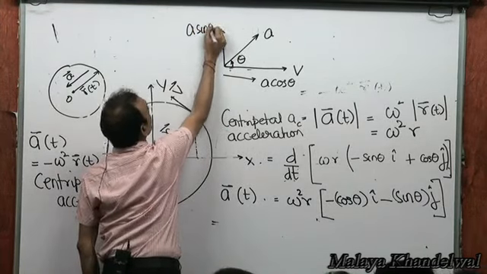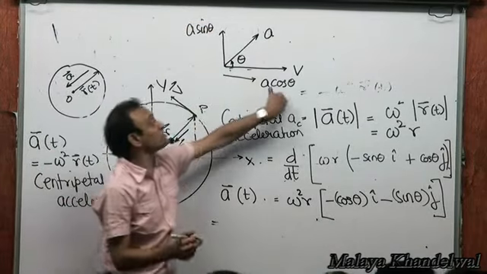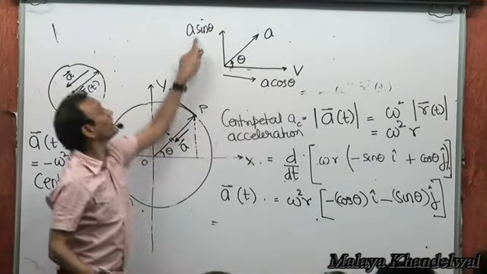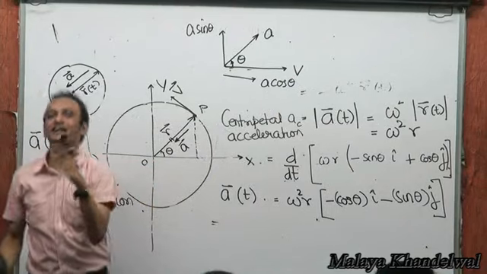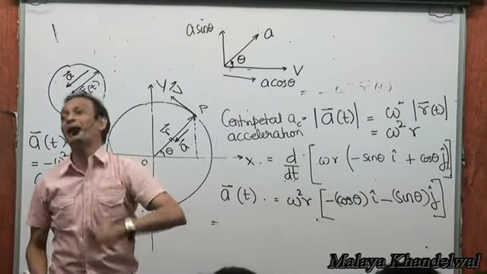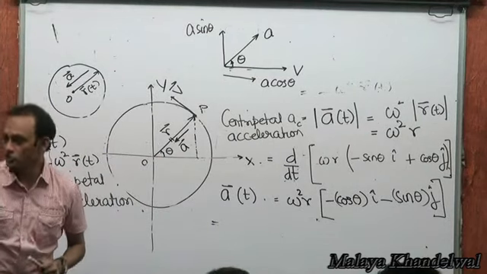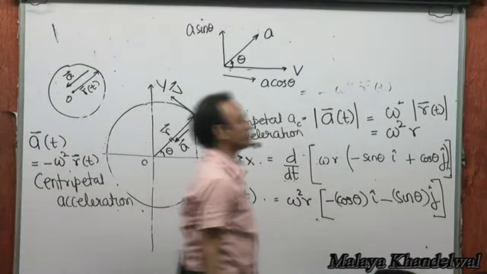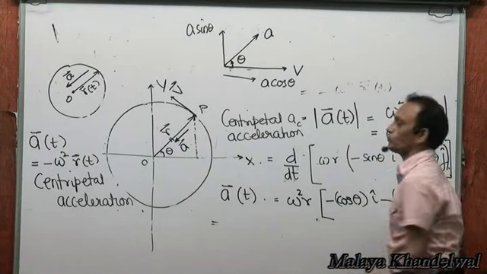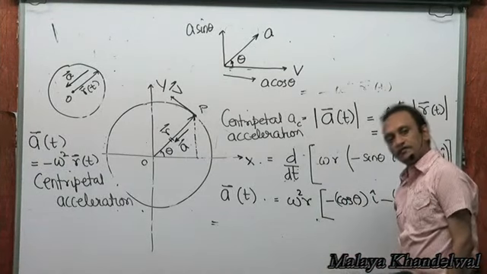Yes or no? So a cos theta will change the magnitude of v, whereas a sin theta will change the direction of v. So in this case, both the magnitude and direction of the velocity will change. Yes or no? Shall we proceed?